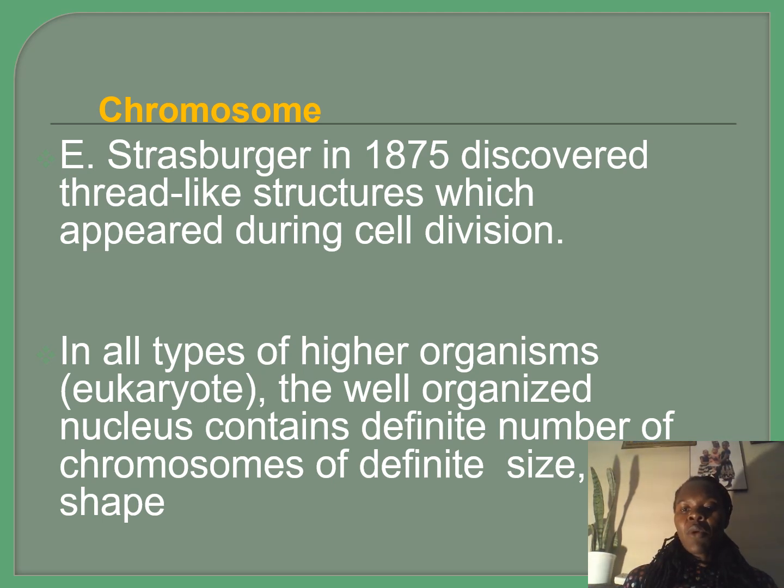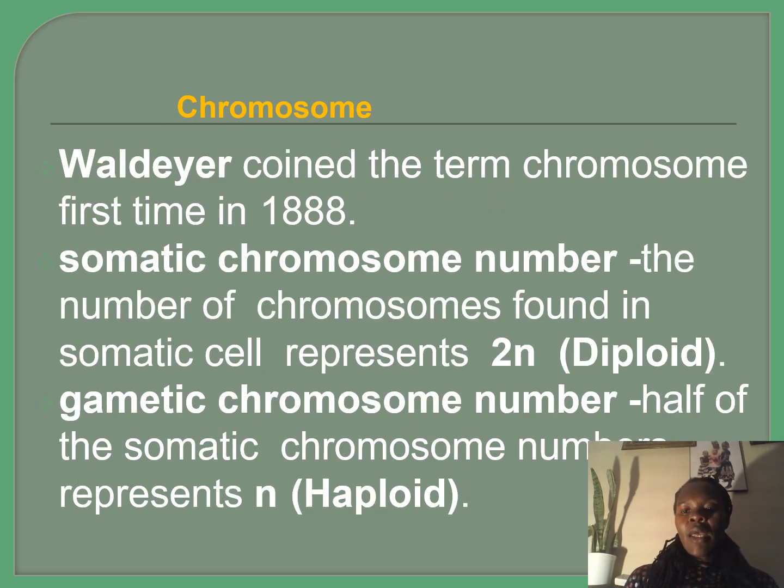So we talk about morphology when we look at how organized the chromosomes are in those higher organisms. Others also tried to understand much about the chromosome, and the term chromosome was coined by 1888, and it helps much in what Strasburger had already proposed. So it helps much to understand the structure of the chromosome as well as the function.